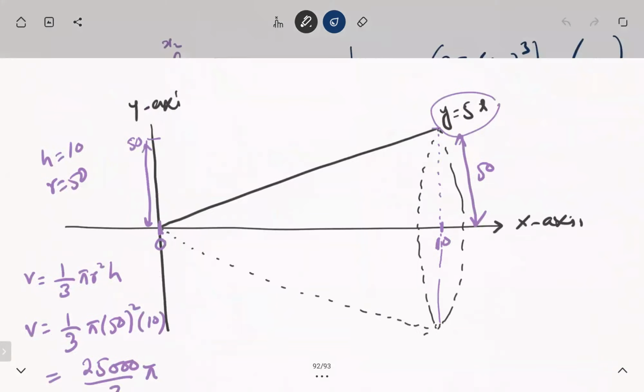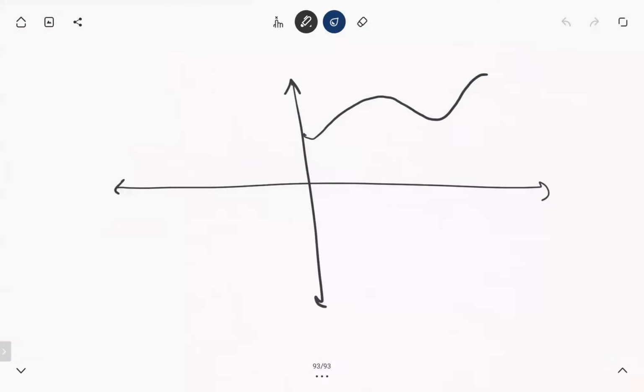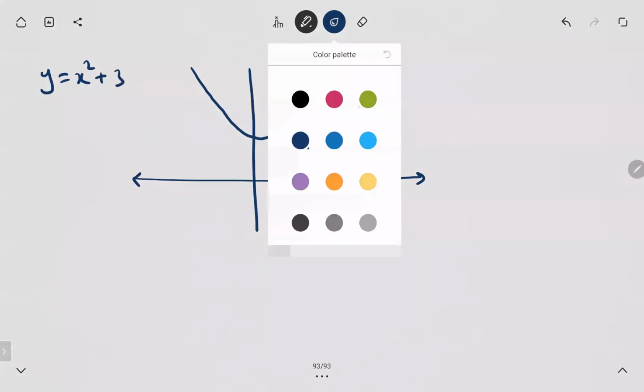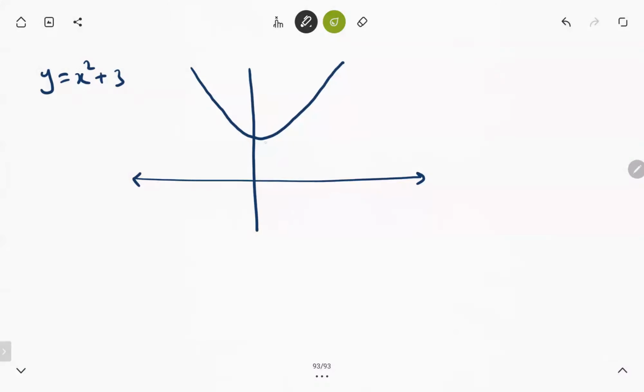Next question. Say this is a curve, its equation is y is equal to x squared plus 3, and it is given that this is 0, this is 2.